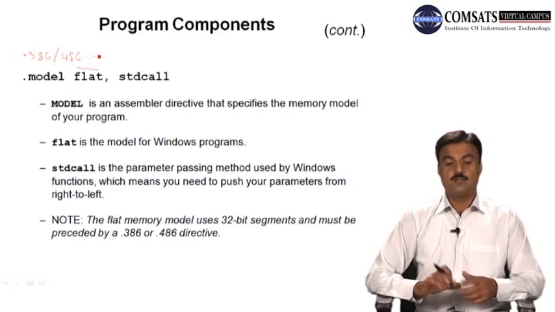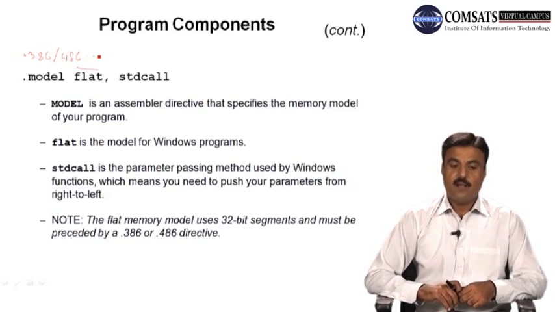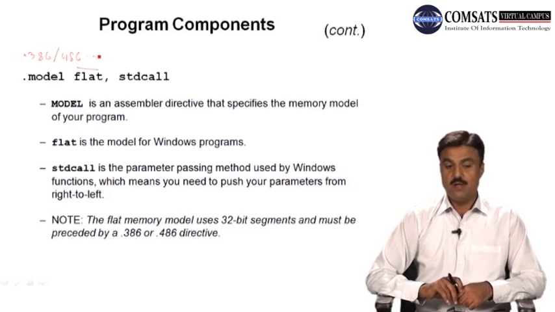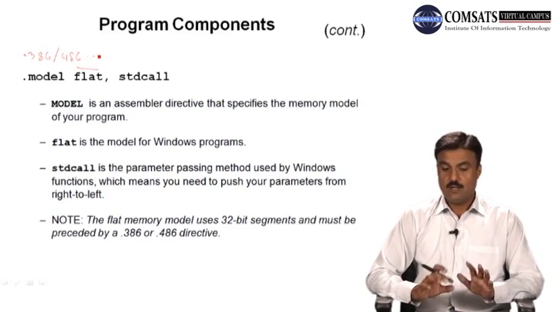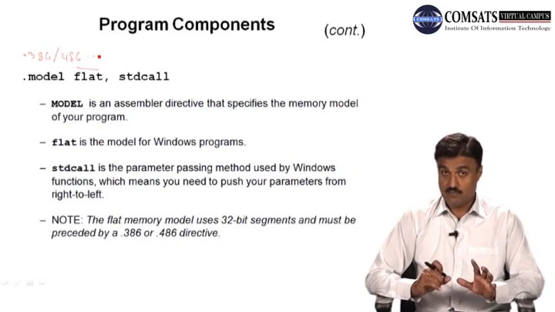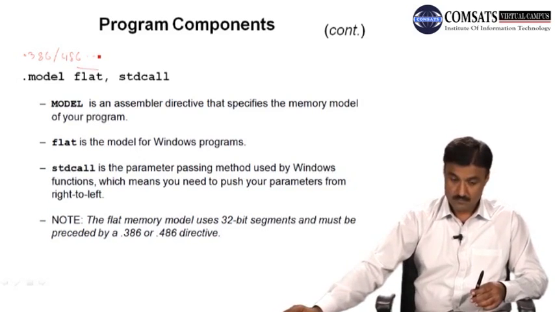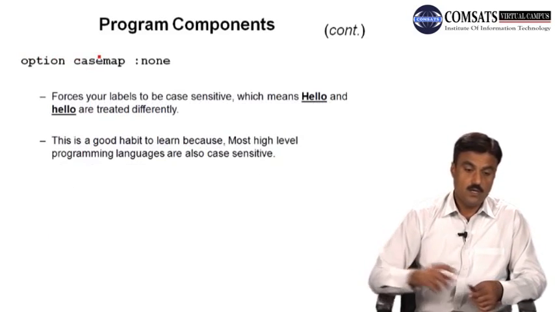So be careful. If you want to use 16-bit, then you can use tiny and so on. But if you use flat, then before it you use .386 or .486. Otherwise you will get an error in the program.